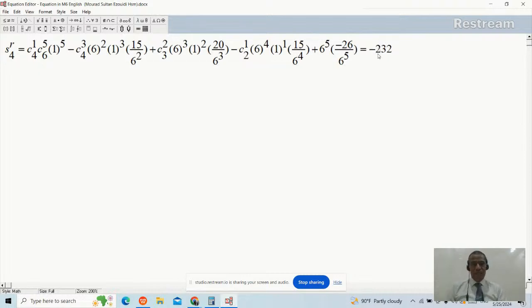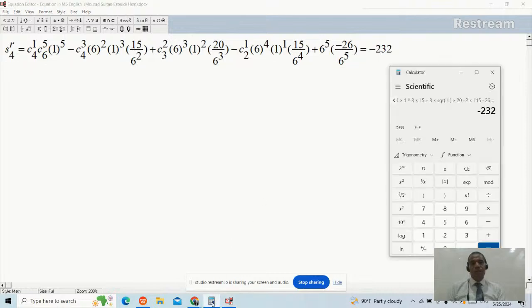If it is negative 232, I will erase everything. I'll just write 4 times 6, 24, times 1. Negative 4 times 15 means negative 60. Then plus 3 times 20, plus 60, minus 15, minus 26.